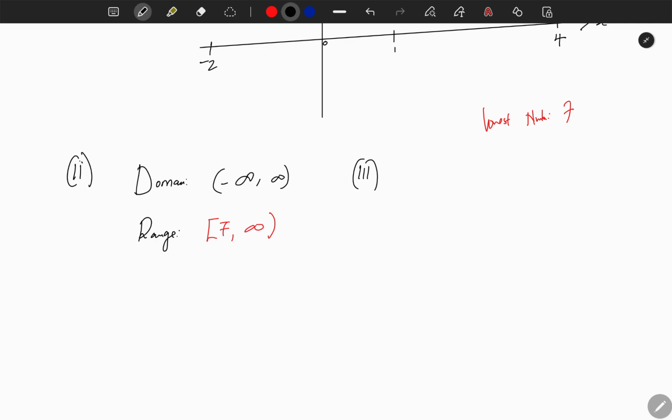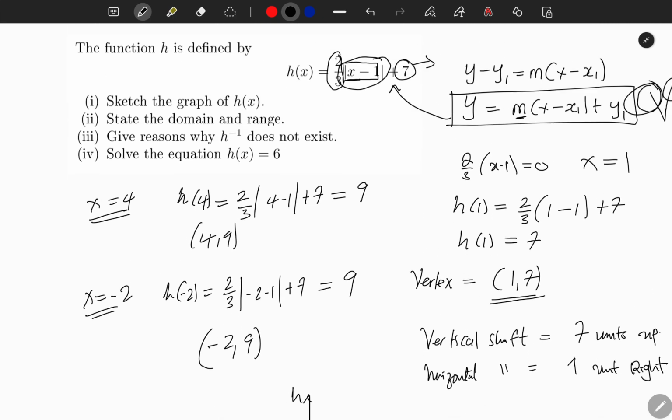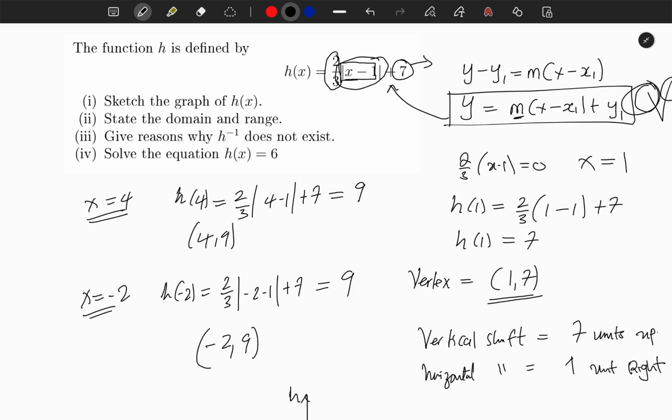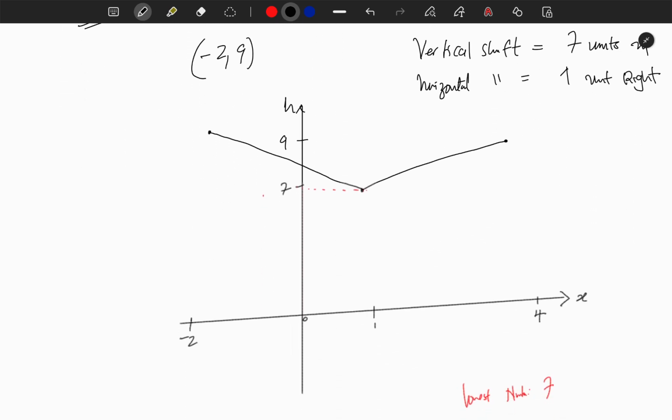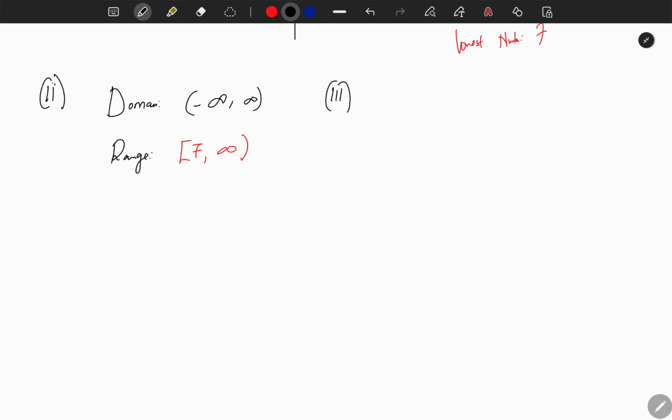Question 3. Give reasons why h to the power negative 1, which is the inverse of h, does not exist. Why doesn't it exist? Well, we need to take note that for a function to have an inverse, there's a condition.